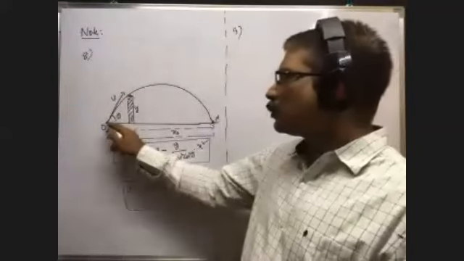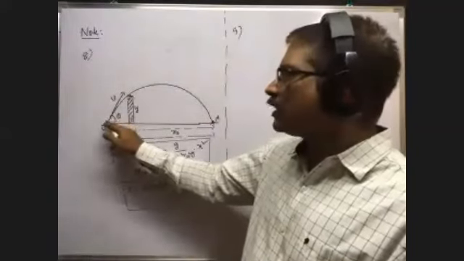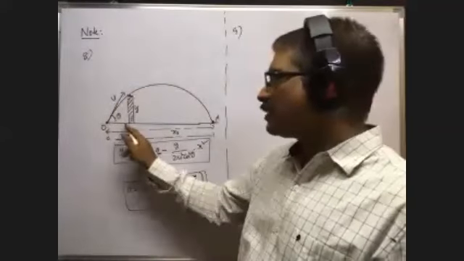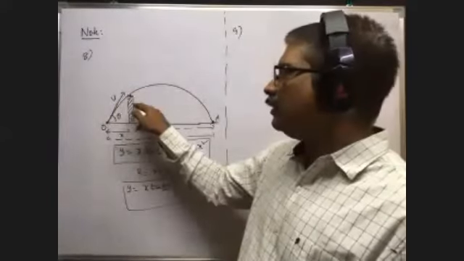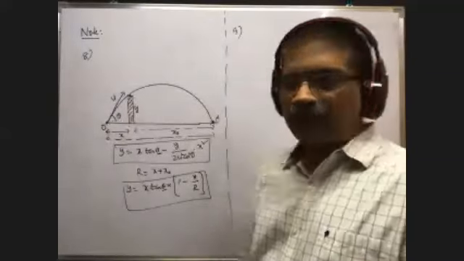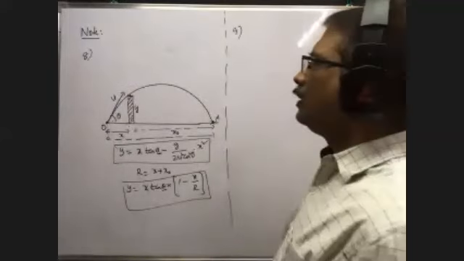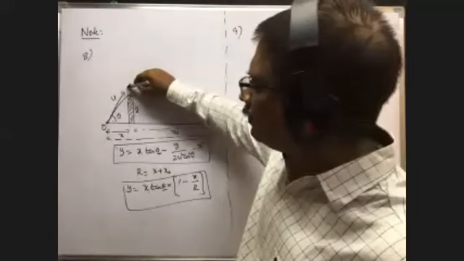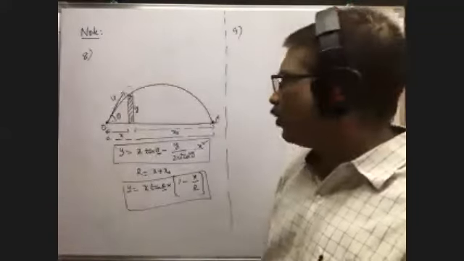That means with what angle of projection the body is to be projected so that it just clears the wall at a distance x having height y to cover this much range. That is the case. Suppose this wall is somewhat more height.